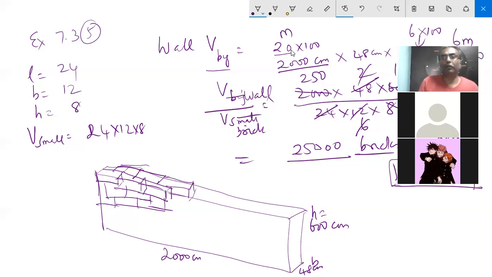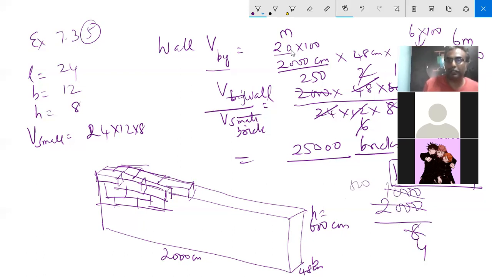Volume of the wall divided by volume of the brick. Very simple, 25,000 you get. Calculation is simplification. In 2000 divided by 8, you can get 1000 divided by 4, or 500 divided by 2, or 250 divided by 1. That's what I said, 250. 250 into 100, 25,000.